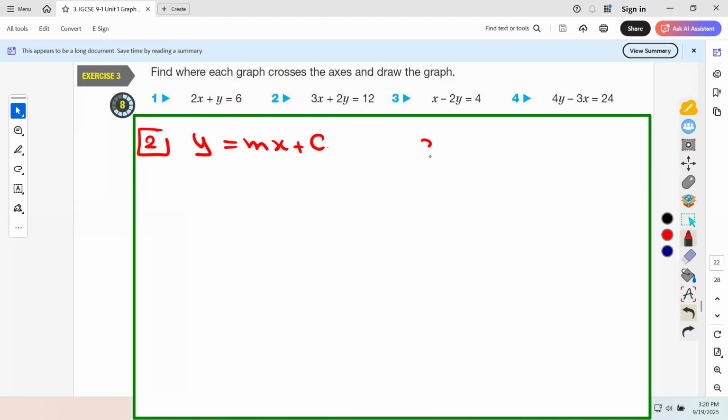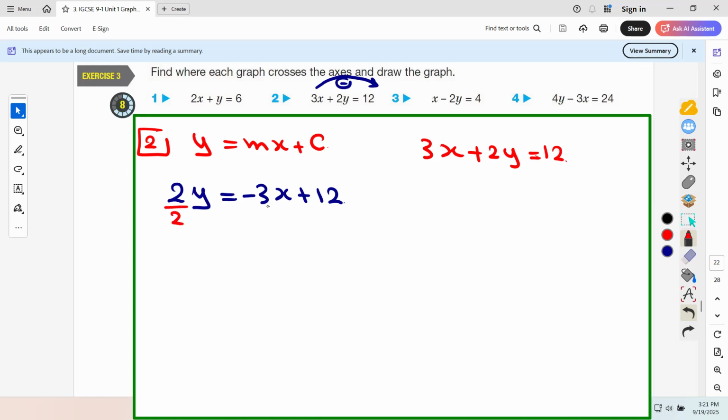We have the equation 3x plus 2y is equal to 12. Then you move the 3x to the other side. So negative: 2y equals 12 minus 3x. Excellent. And you want the y to be by itself, so divide all of them by 2.